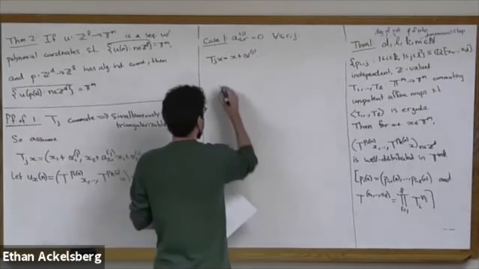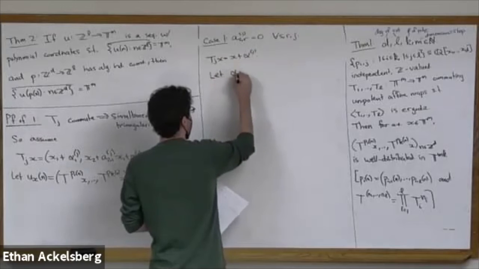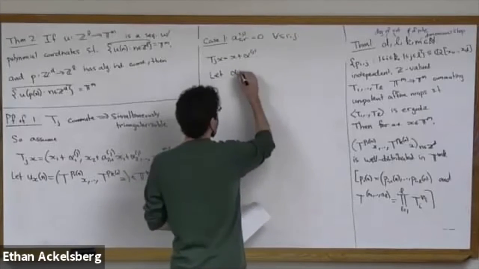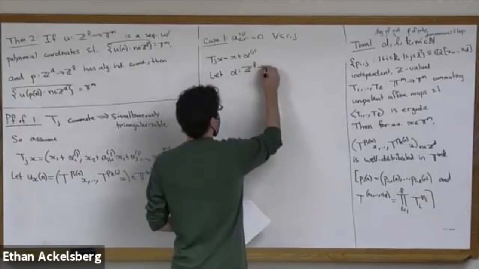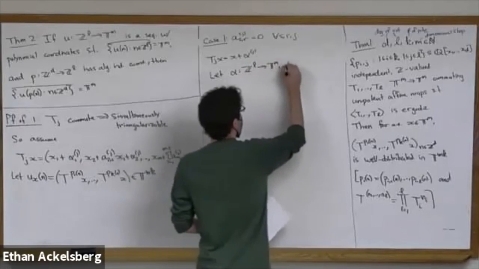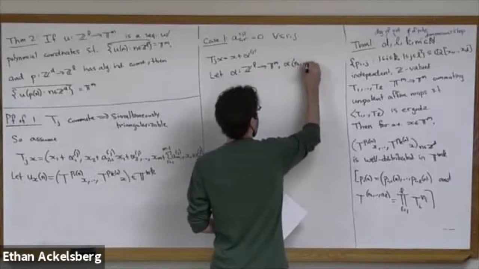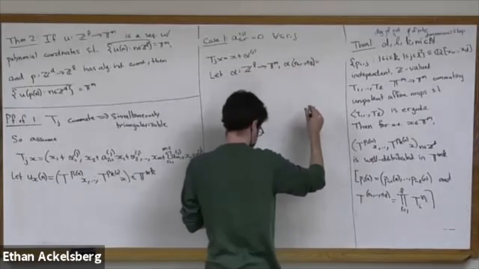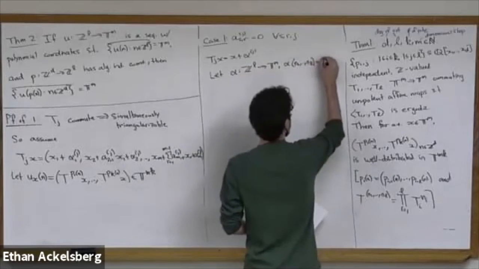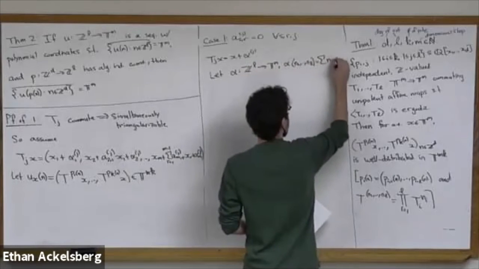And I'm going to let alpha be the map n goes to the sum over j of n_j alpha_j.